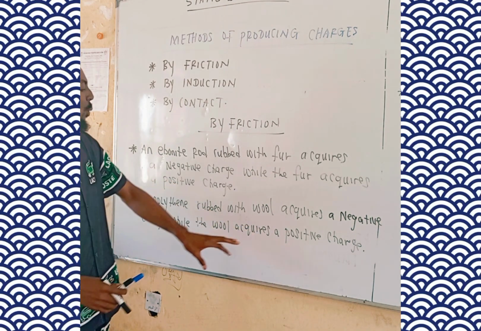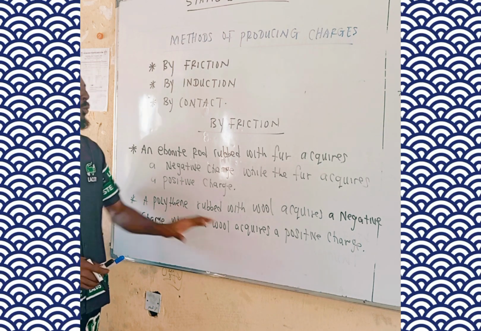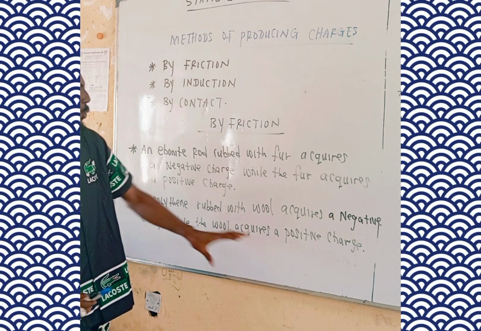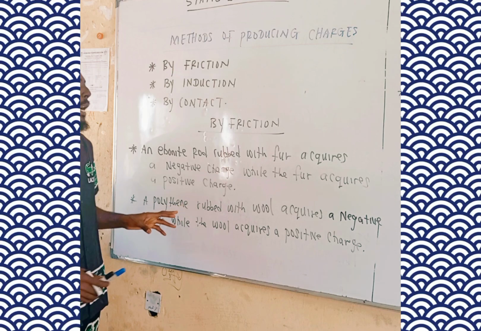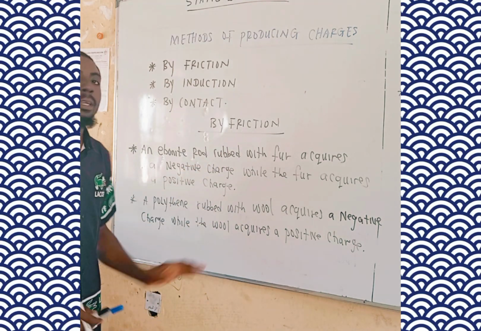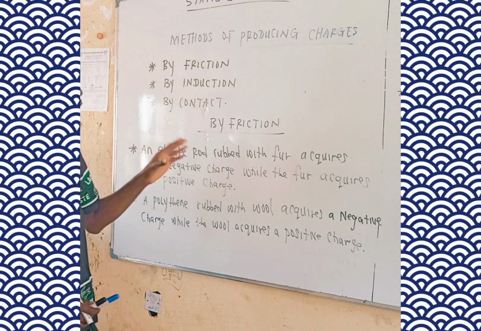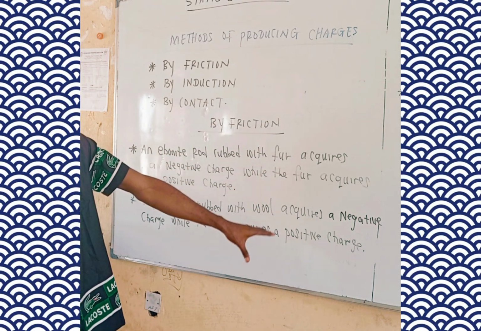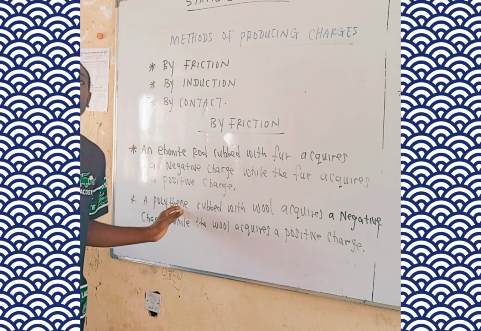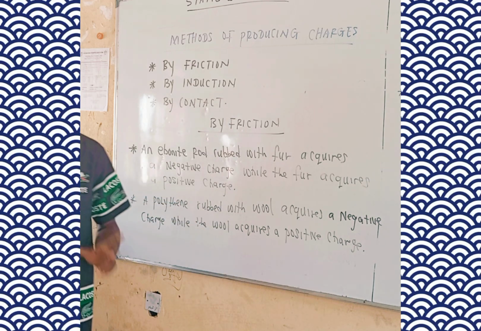So, since the wood gives the electron to the polythene, the wood will acquire a positive charge, while the polythene will acquire a negative charge. These two cases are very similar because it was the fur that gave the electron to the ebonite, and in this case, the wood equally gives the polythene the electron.